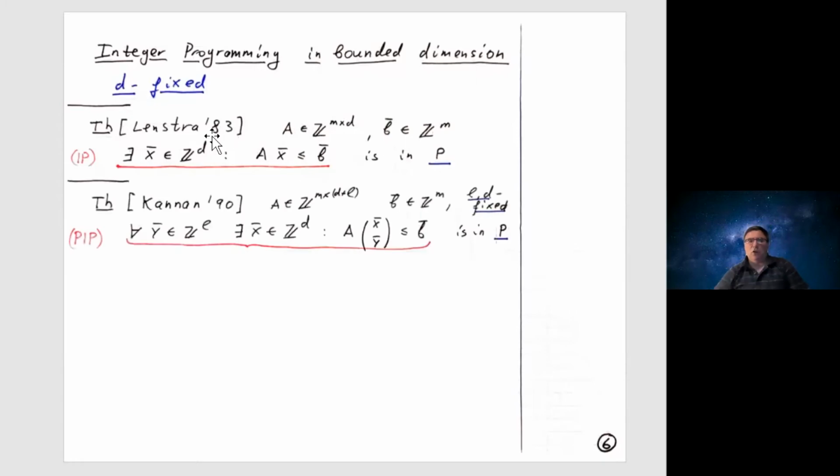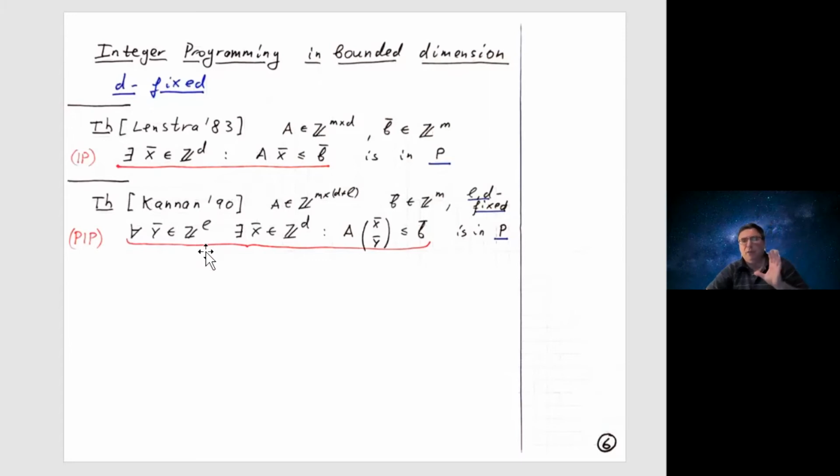Okay. So before I give a small picture, let me immediately mention the second key result in the field. This is a theorem due to Kannan, who basically says we can in fact add one more quantifier. So from this point, there exists x so that Ax less or equal to b is still the same, but now we can also do for all y.